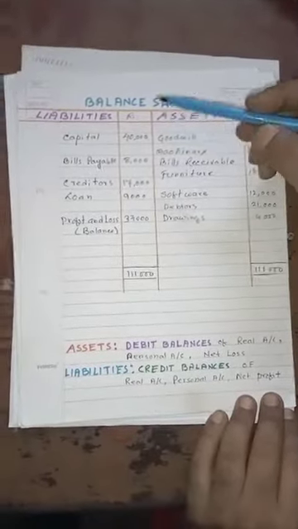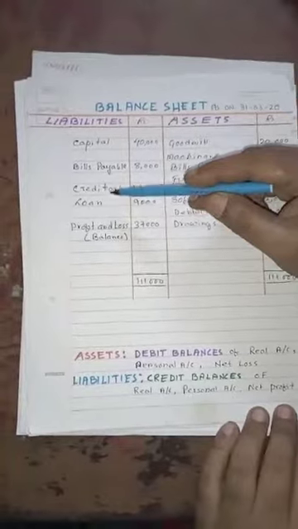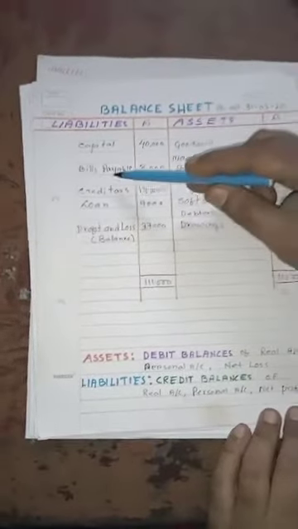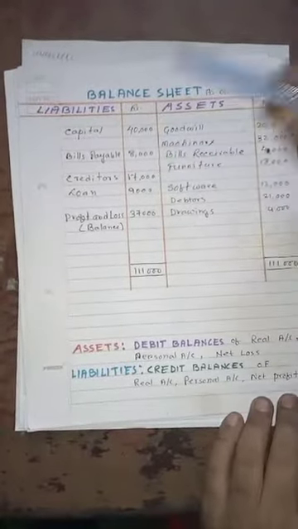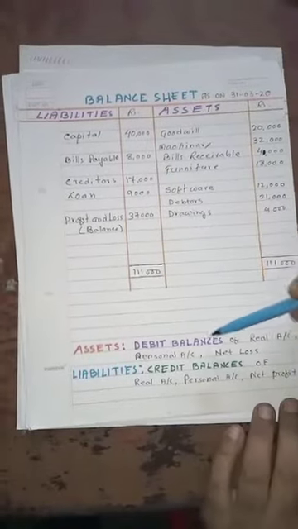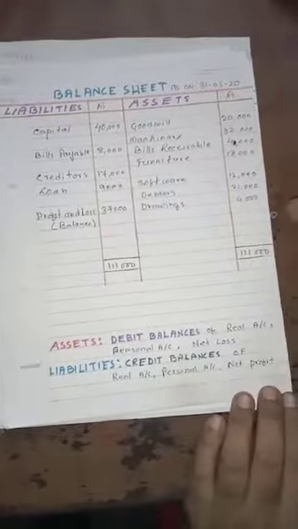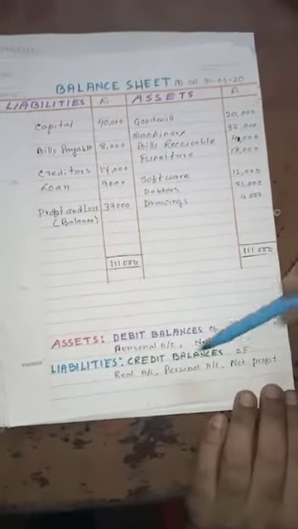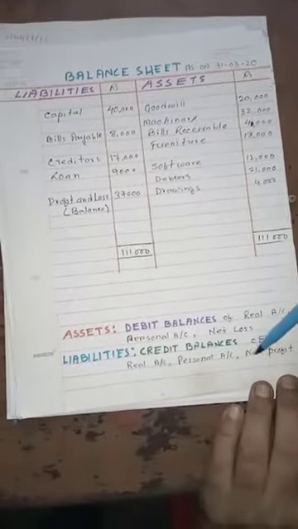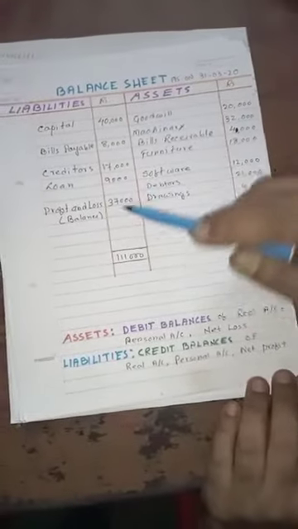And real and personal accounts with credit balances are recorded in the liability side.